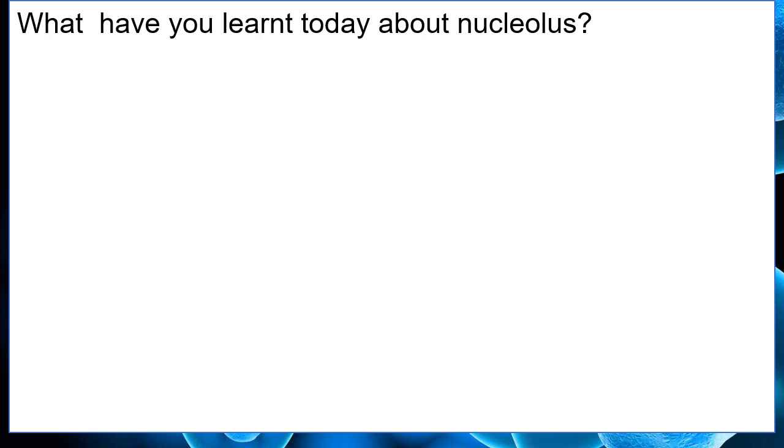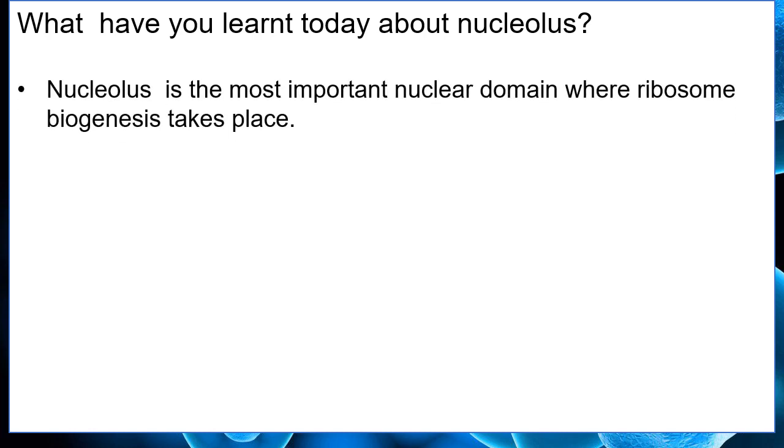After going through the presentation, we can conclude that the nucleolus is the most important nuclear domain where ribosome biogenesis takes place. That means transcription of ribosomal DNA as well as assembly of ribosomal subunits takes place within the nucleolus, and it is the main function of the nucleolus.